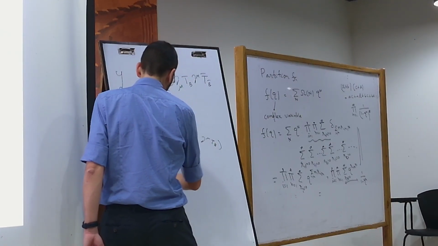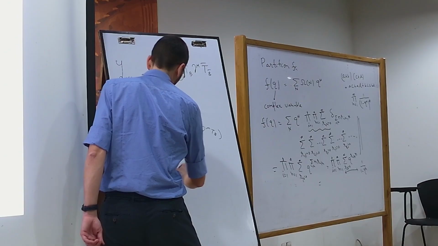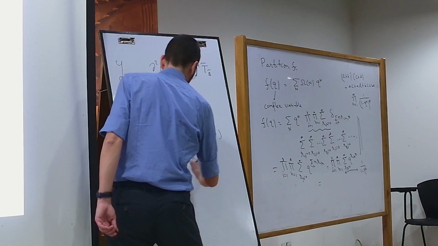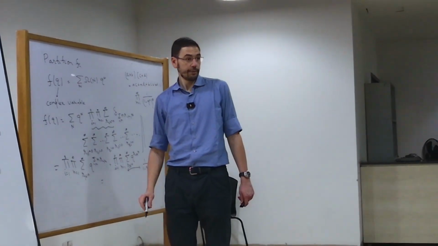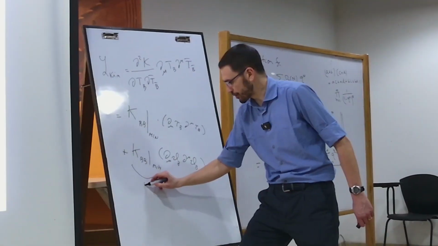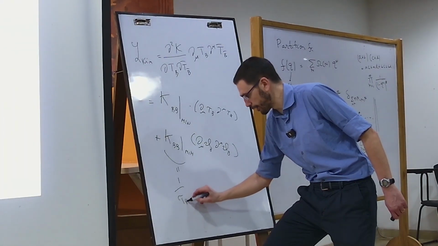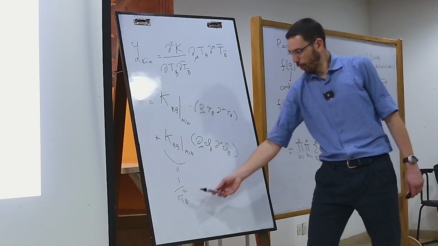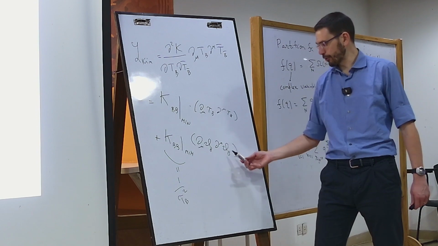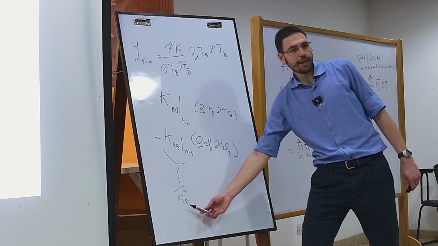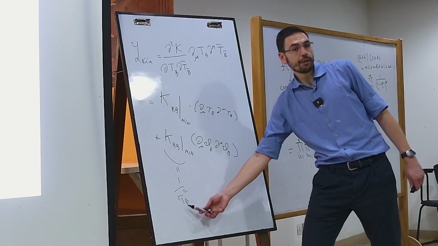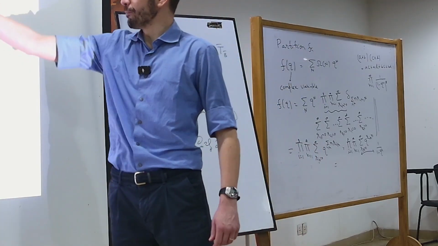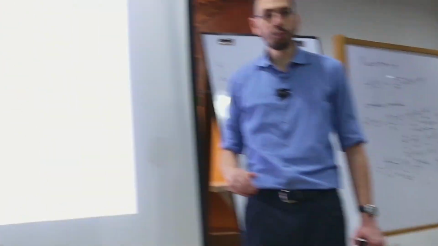But then I also have plus k big big evaluated at the minimum times d mu theta big, d mu theta big. Right? And we've seen that this second derivative, I just computed it before, goes like 1 over tau big squared. So when this is a vacuum expectation value, it is the kinetic term for theta big. When I expand it around the vacuum, I instead get the coupling between tau big and theta big. So from this, you can work out these couplings. So now you know the mass, you know the coupling, and you get the decay width.